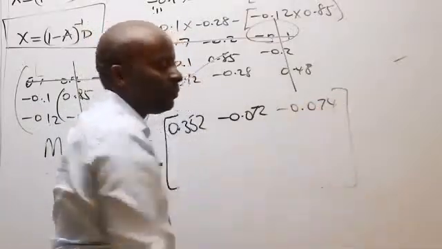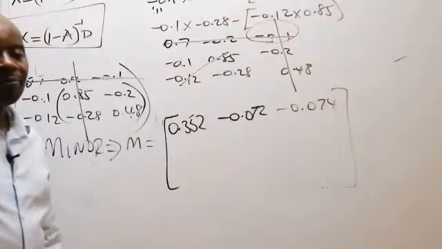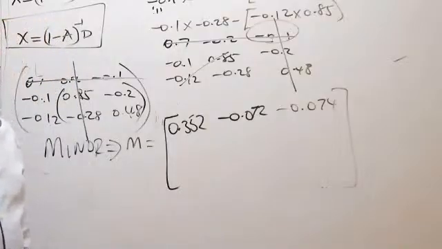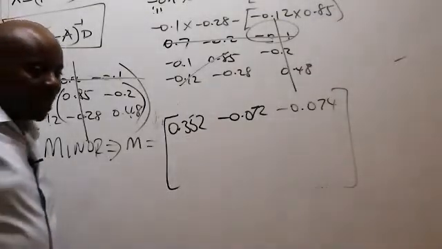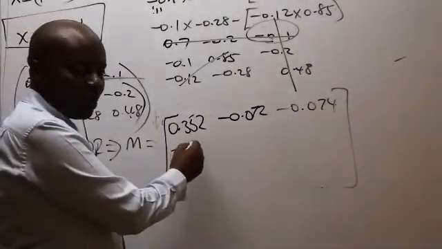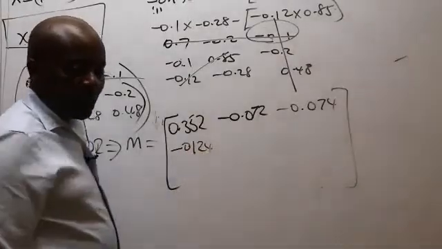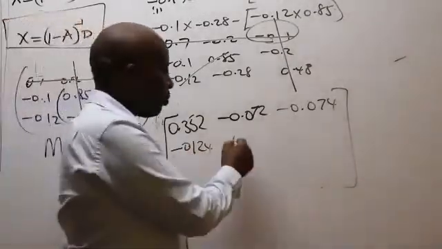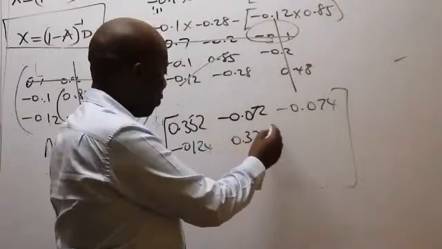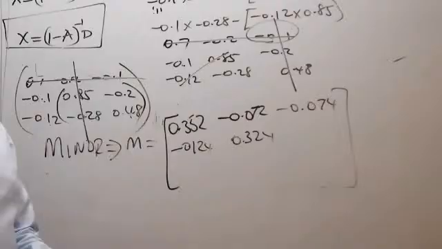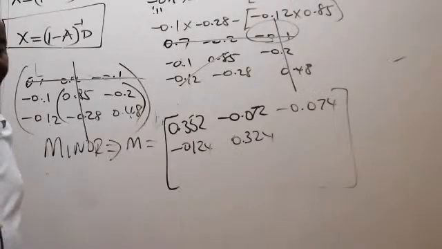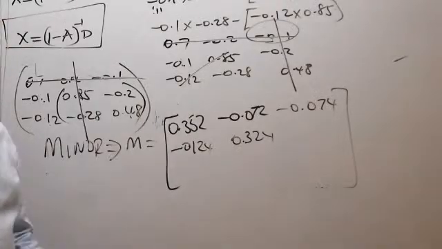Please confirm. And then now Lucy is giving us minus 0.124 here. Thank you very much. James is giving us 0.324 there, the fifth one. So please finish up all of them.